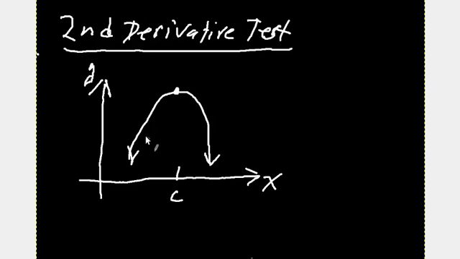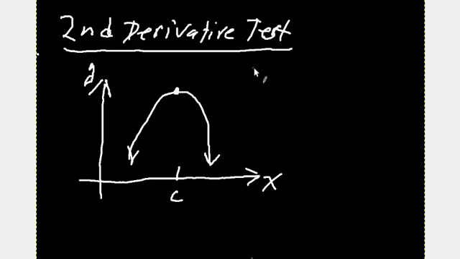So what's happening throughout this interval is that the slope is decreasing, which means that the first derivative is decreasing, and therefore the second derivative is negative throughout this interval. And that's key. It's negative throughout this interval as well as at the point where x equals C.